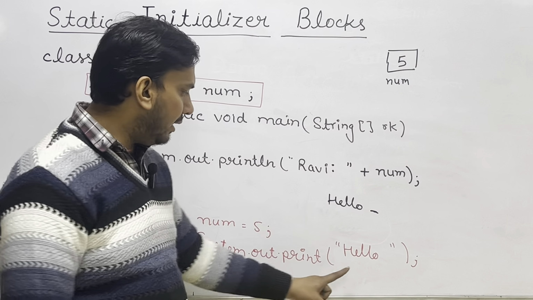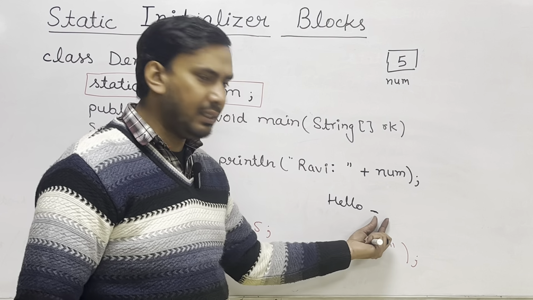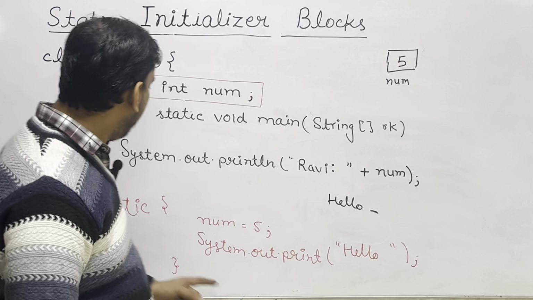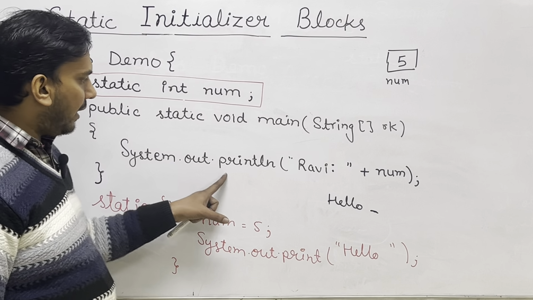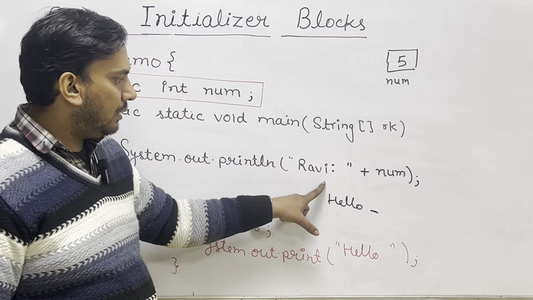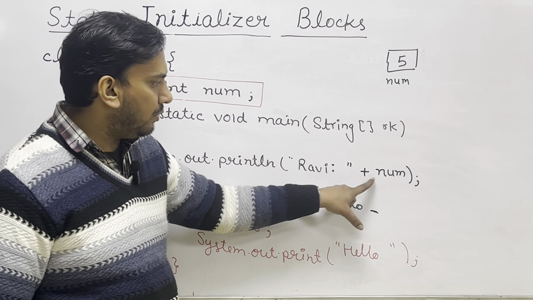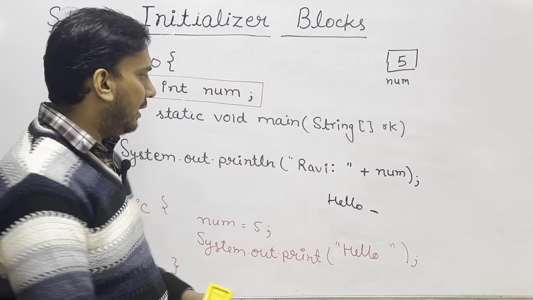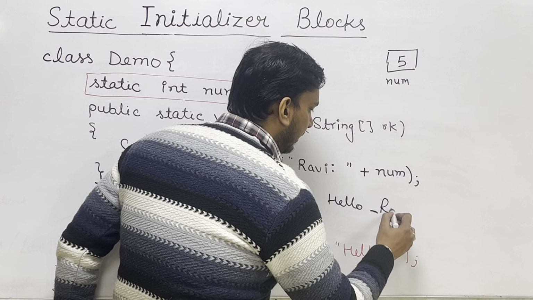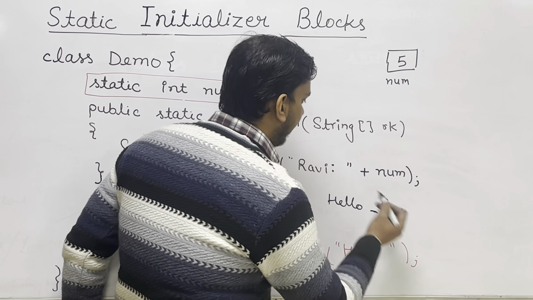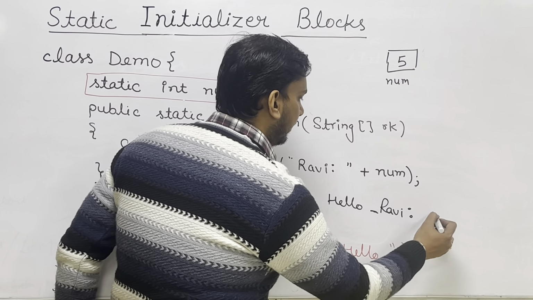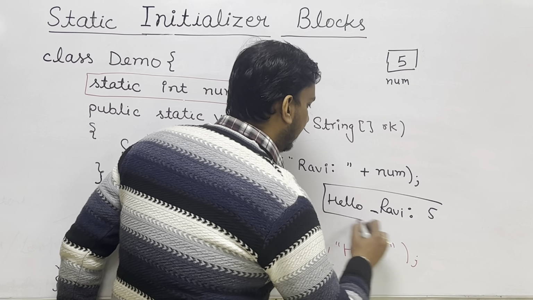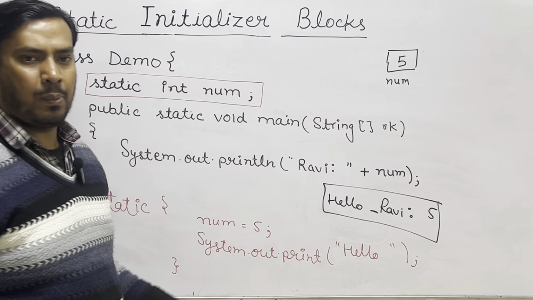Here I have printed hello space and then the cursor stays on the same line. Now, the main function will be called and then it will print Ravi colon, the value of num, which is 5. So, it will print hello space Ravi and then colon then 5. So, this will be your output.